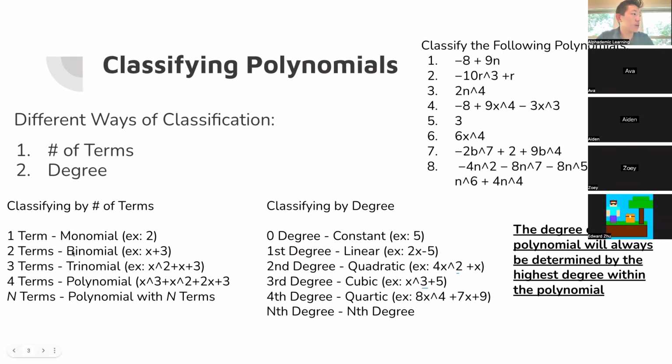And then since it has 2 terms, it would be binomial. So it would be a linear binomial. So just take about 5 minutes to go through these and classify all of them by degree and number of terms. And then once you have finished that, just send the answer to me in the chat box.